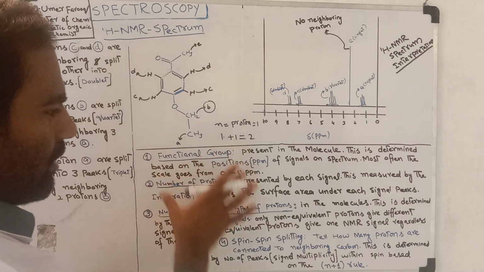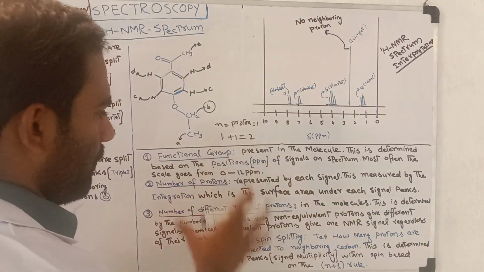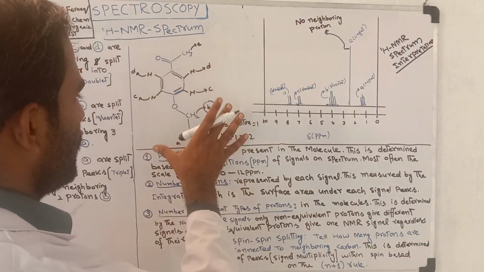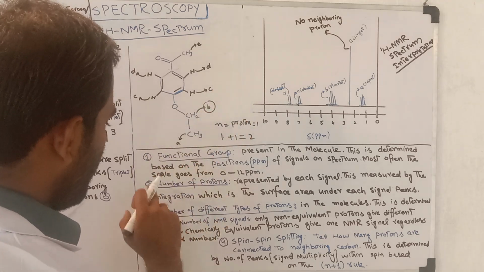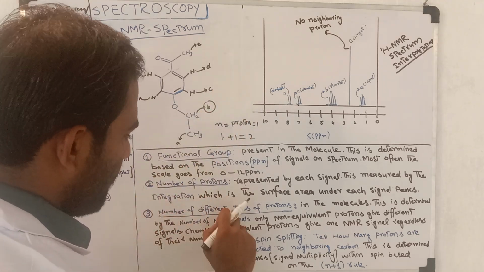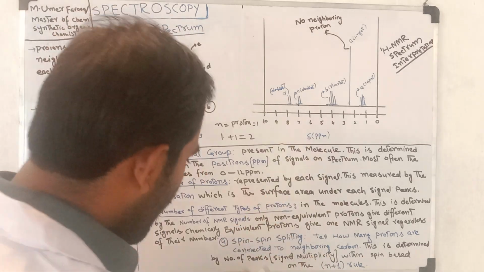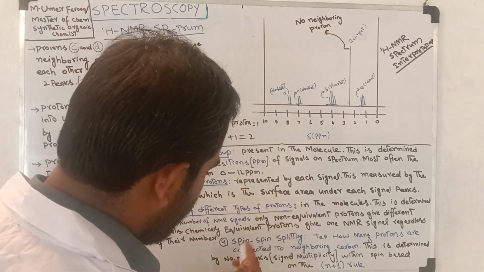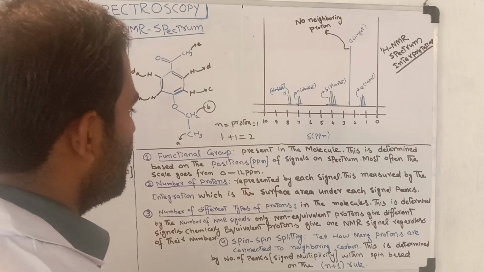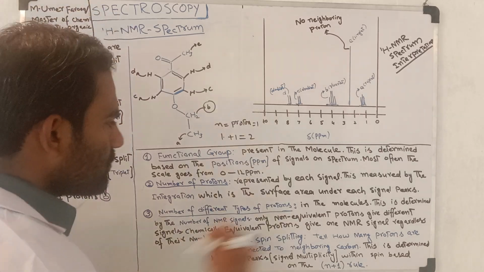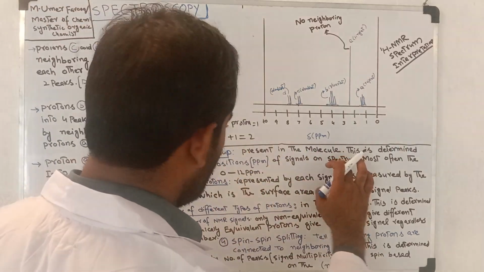Let's move to some important descriptions to explain this structure: functional group, number of protons, number of different types of protons, and finally spin splitting. First, the functional group present in the molecule. Benzene itself is a functional group.